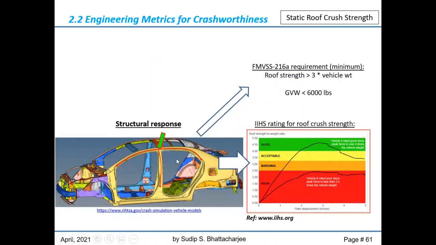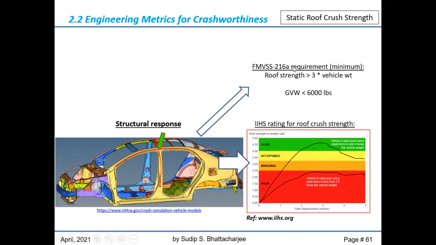Then one other structural crashworthiness test that vehicle structure engineers work on is the resistance of the roof structure under a rigid plate continuously moving quasi-statically against the vehicle upper structure. There are certain targets to measure the resistance of the roof structure against that plate.